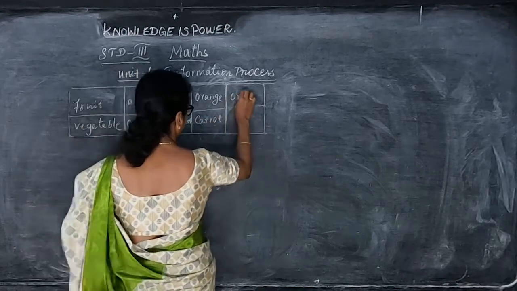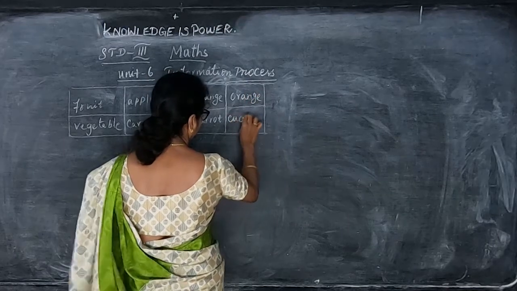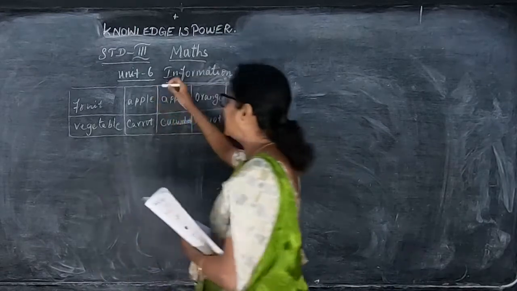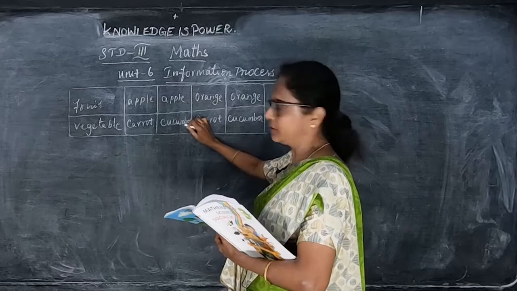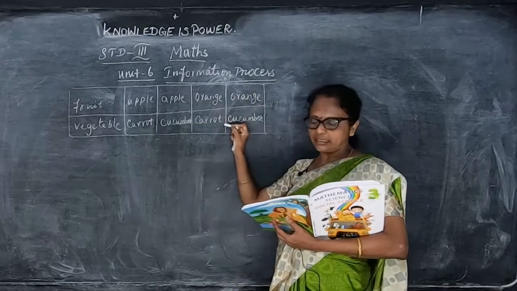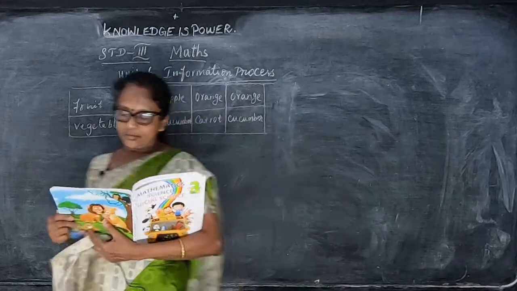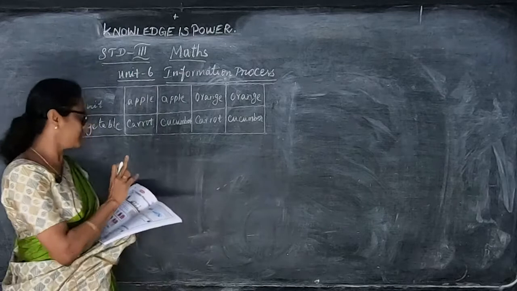Again orange and cucumber. So he can take 1 fruit and 1 vegetable: apple and carrot, apple and cucumber, orange and carrot, orange and cucumber. This is the way of eating 1 fruit and 1 vegetable.